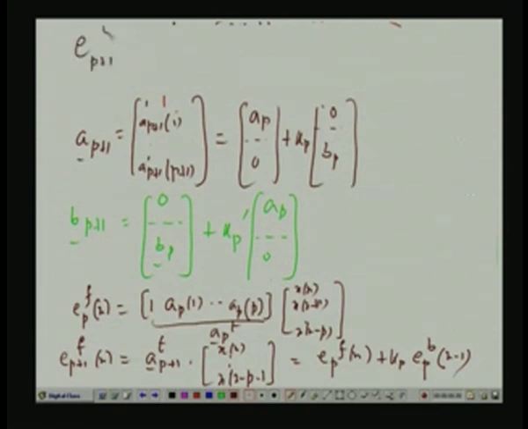EP plus 1 Bn? That is again Bp plus 1 transpose this vector xn up to xn minus p minus 1.